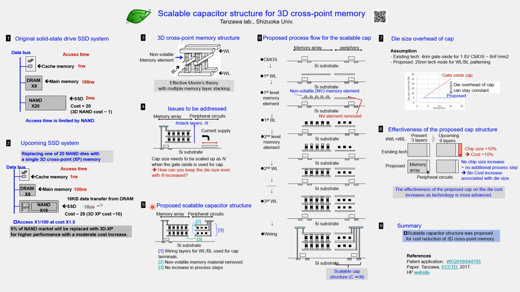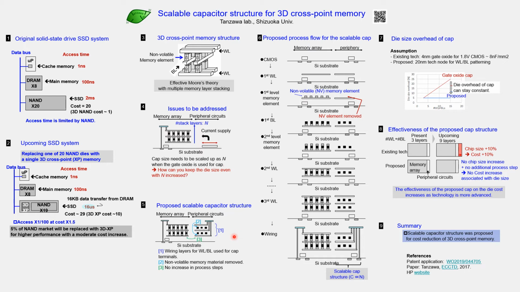And then here we propose a scalable capacitor structure like this. Because we have multiple word line and bit line layers in the memory array side, why don't we keep that structure in the periphery side without the memory element?